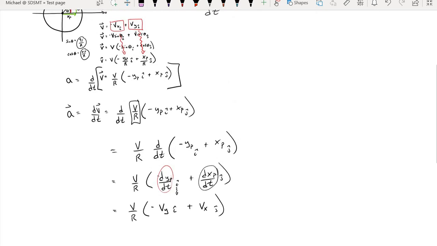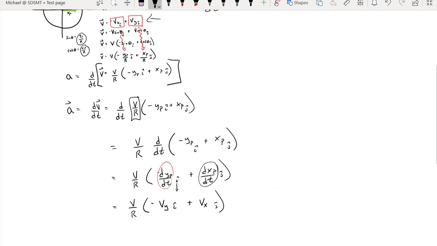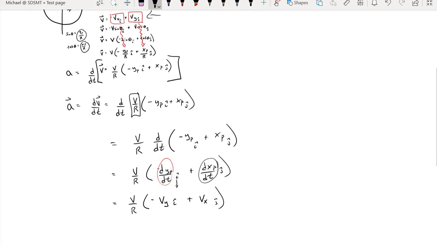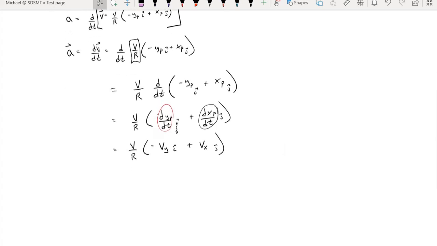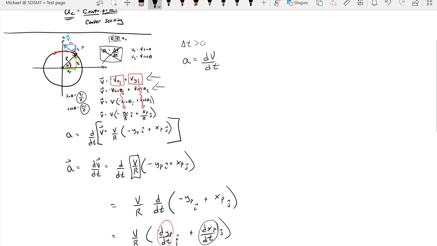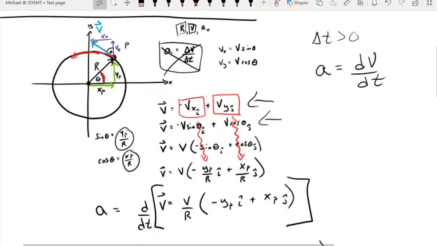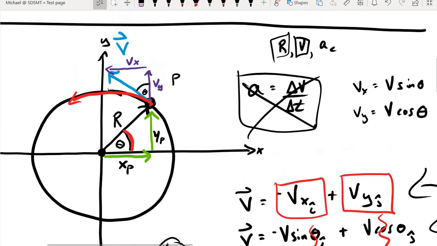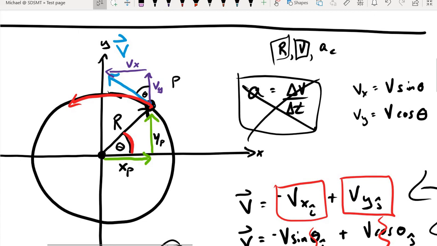Let's take those x and y components of our velocity and let's substitute them for the magnitude and angle. Alright, we have a minus sign in front of the y component of our velocity. So now we've, forgive the pun, come full circle here.